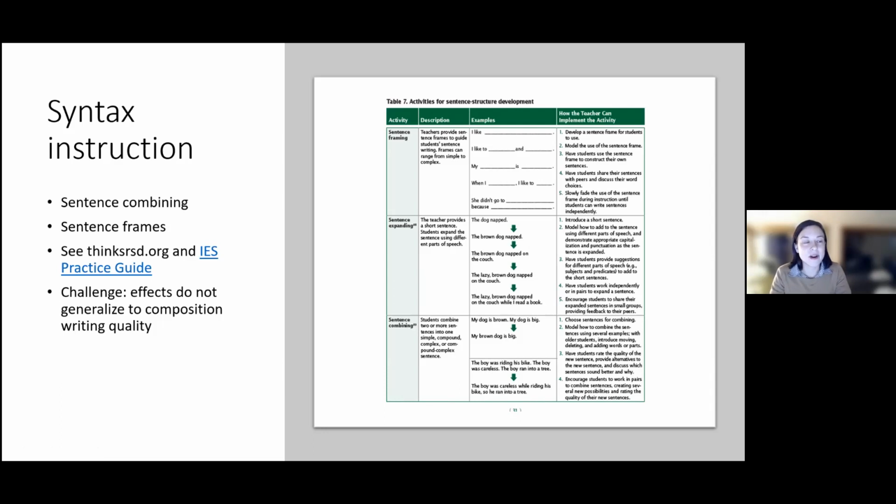Again, we have the same challenge that we all need to solve as vocabulary, where the sentence combining interventions have an impact on sentence combining, but they haven't generalized to written composition quality.